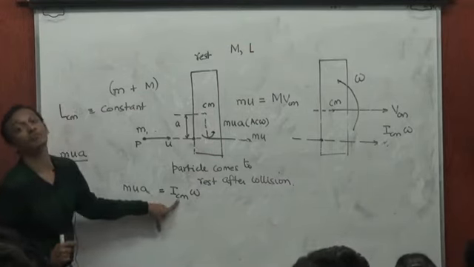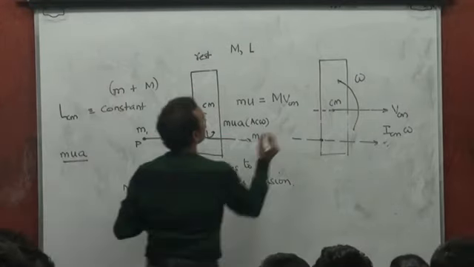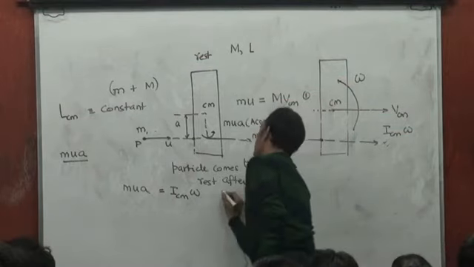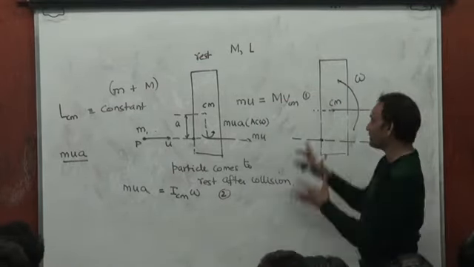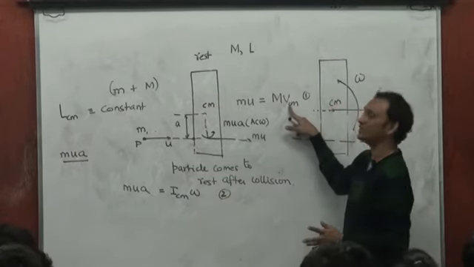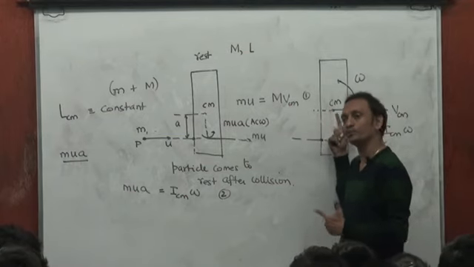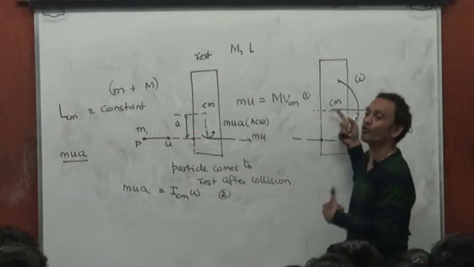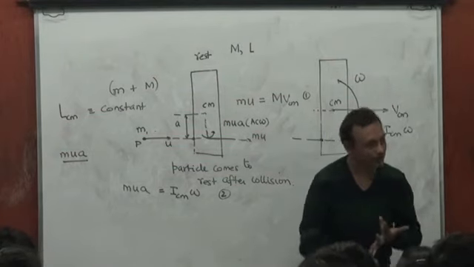ICM of the rod is known, how much? 1/12 ML squared. So there are two equations, one the linear momentum equation, the other the conservation of angular momentum. This will give me the value of omega, this will give me the value of VCM, and I would know the complete status of the rod after collision, because I would know VCM and omega, right?